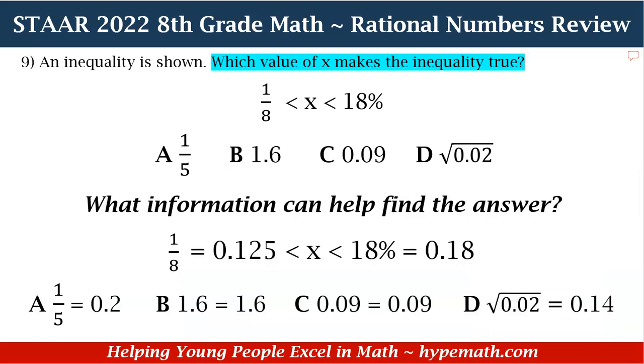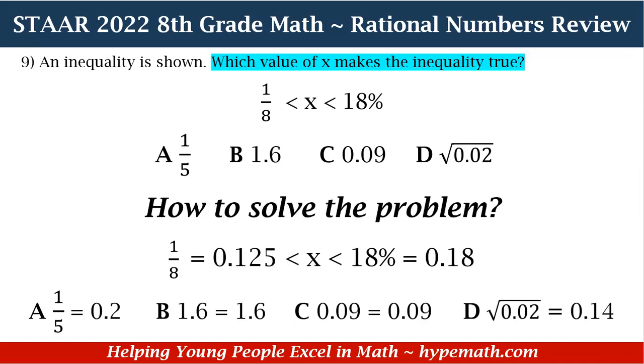So now that we have all of our values, the next thing we need to discover is, how are we going to solve this problem, okay? In order to solve this problem, what we need to do is find x, which we know is greater than 0.125 and less than 0.18, okay?